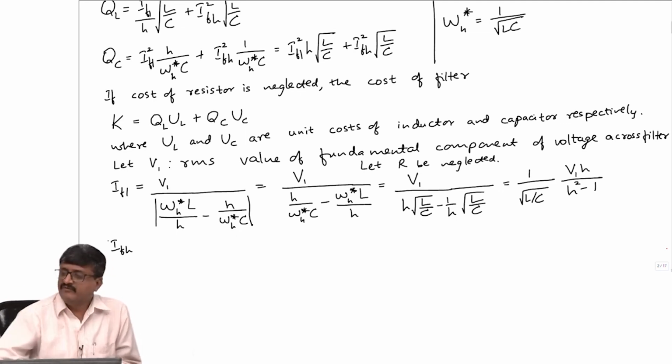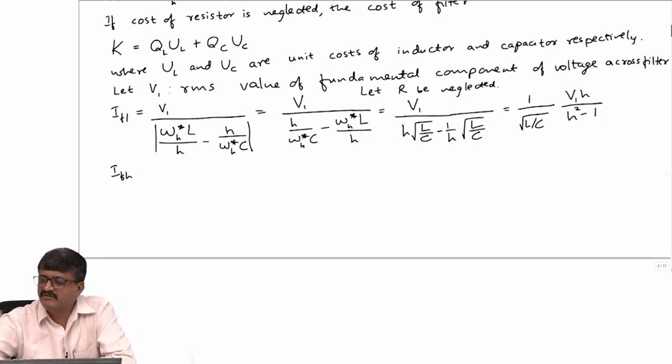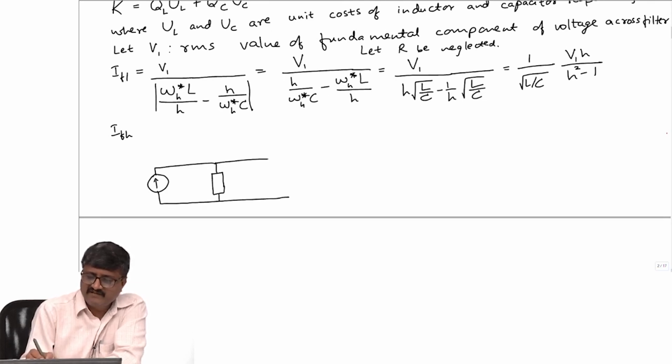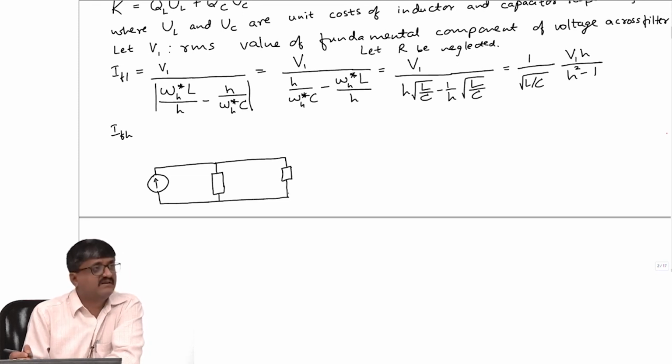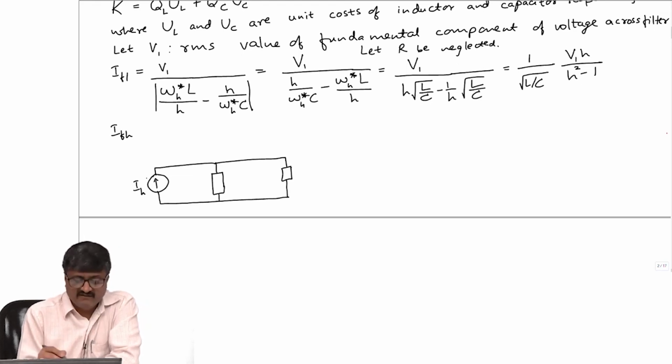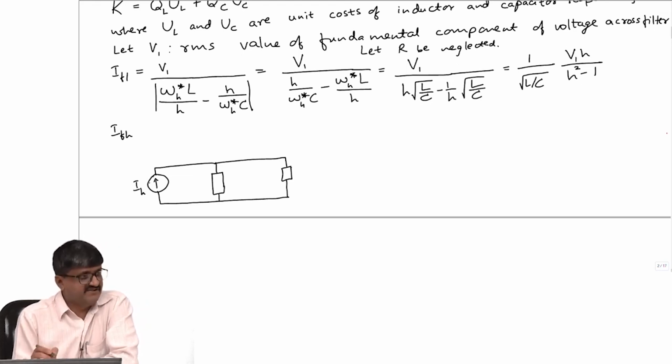Say if we considered one particular circuit, if you just recall, there was a representation of the converter in the form of a current source. I mean, we started with this only. Then the filter is represented by an admittance, the network is represented by another admittance. So the magnitude of the current from the converter is IH.